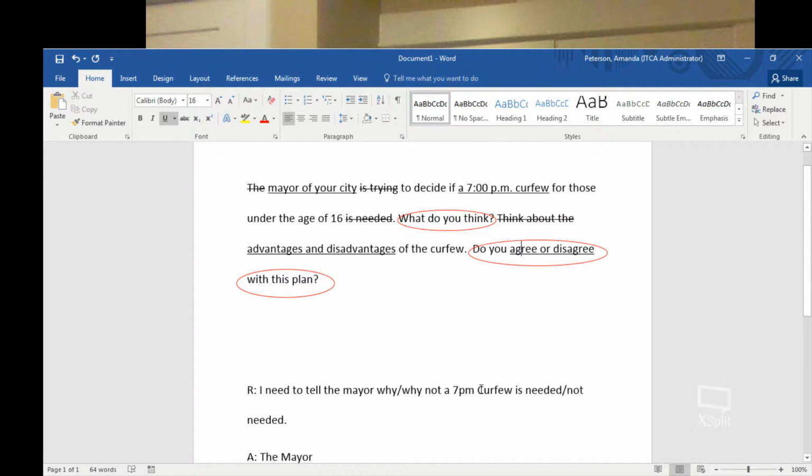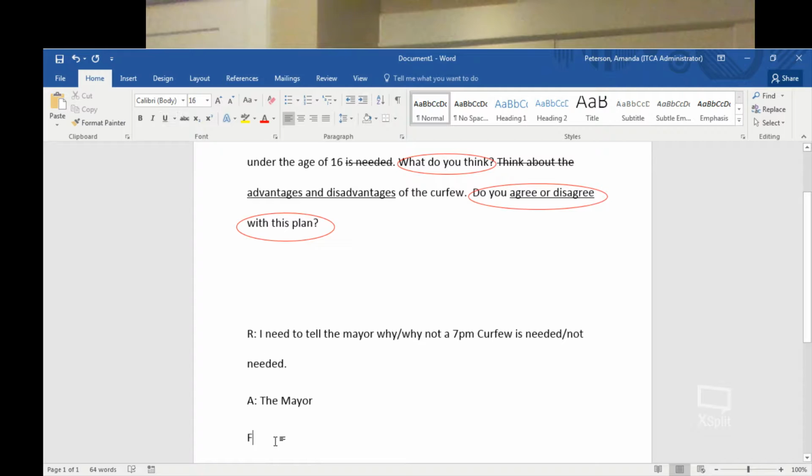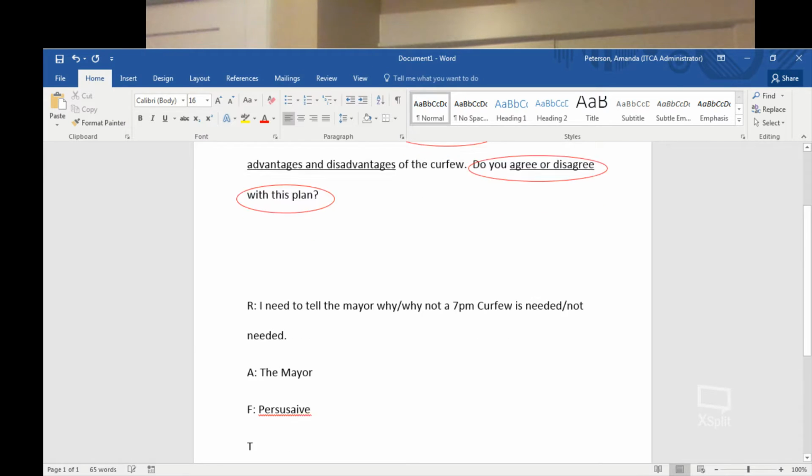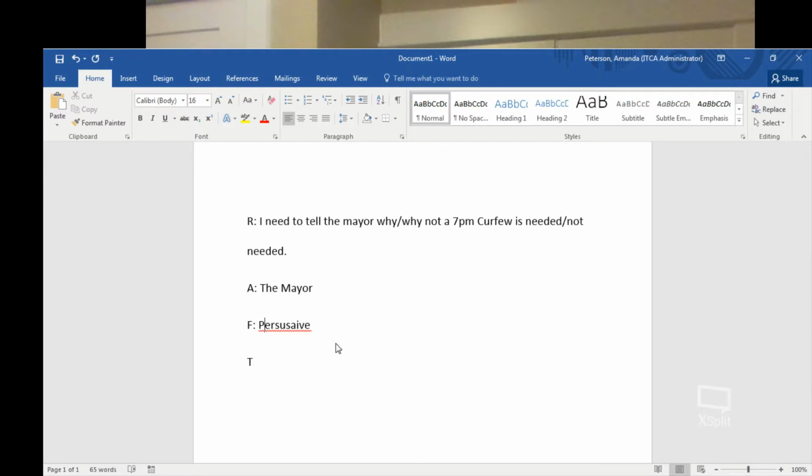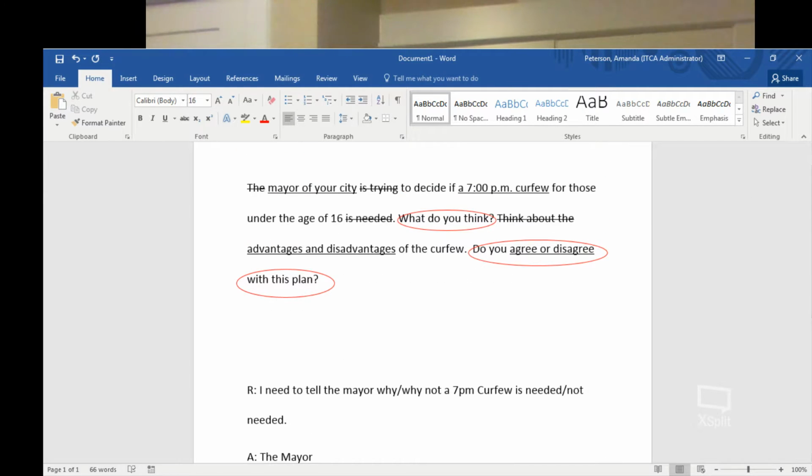Do you agree or disagree? This is going to tell me that this is a persuasive essay. As you can probably see right here, sometimes I'm not the greatest with spelling, so I apologize. It is a persuasive essay. I am trying to convince my mayor why a 7 p.m. curfew is needed or not needed.